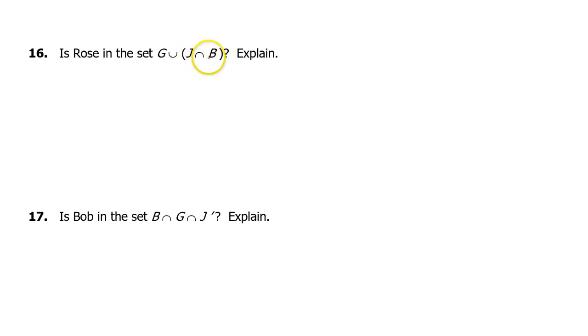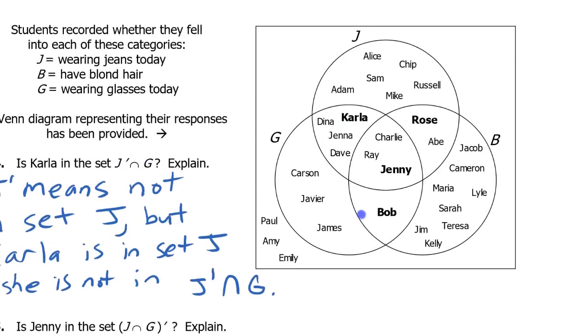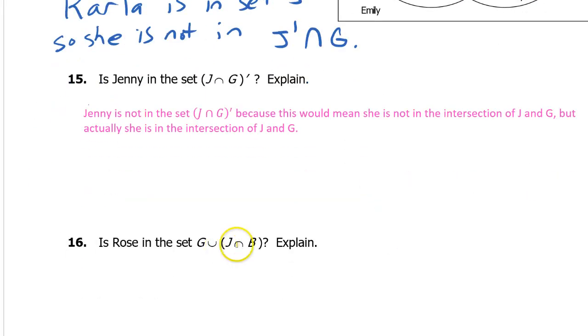Okay, well, let's start with J intersection B. So that's going to be the overlap between J and B. Okay, so here comes the overlap between J and B. This is the intersection of J and B. So there's the intersection of J and B. Now, we want the union of this and set G.